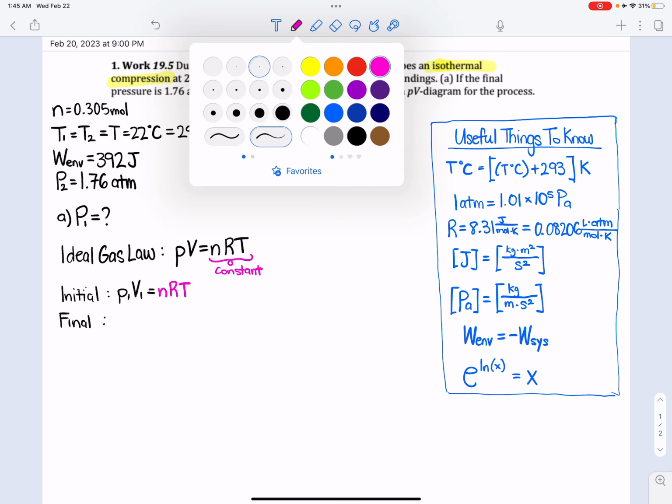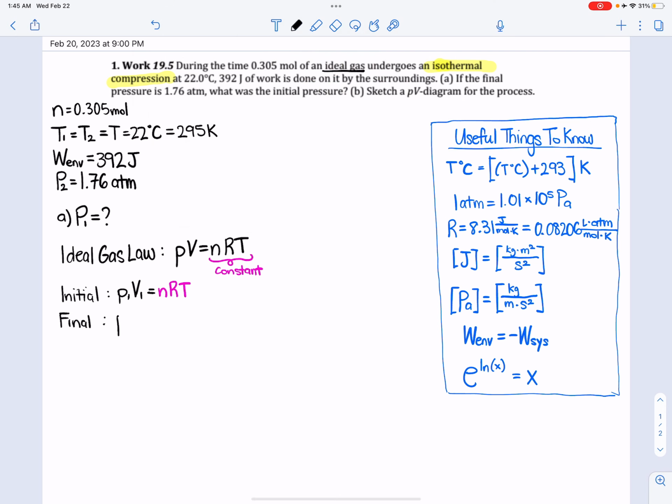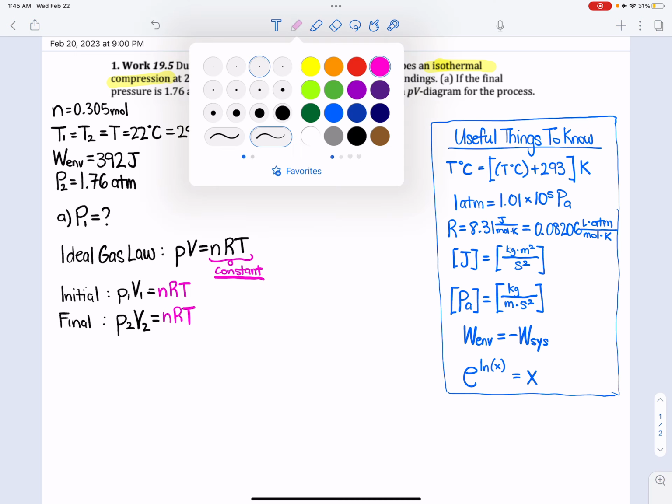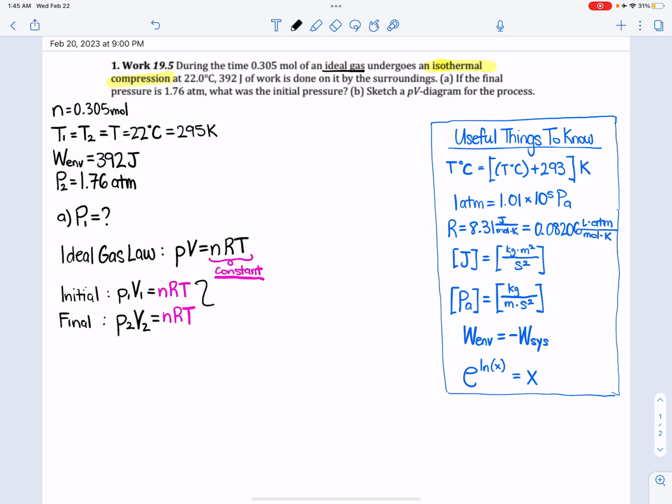For the final state, my pressure 2, volume 2, is also equal to the same constant, nRT, because they don't change. As a result of that, I know that P1 V1 equals P2 V2.